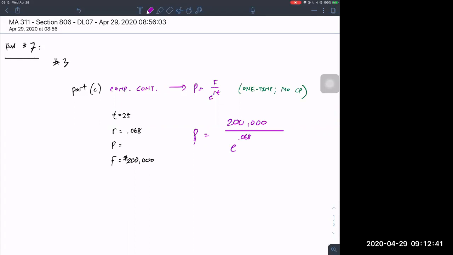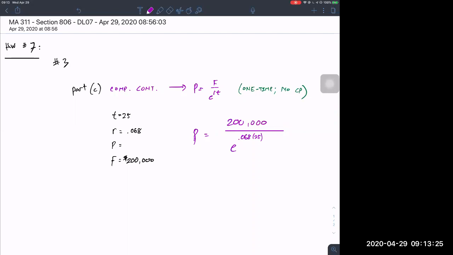And what's happening is, if I write it like this, if your calculator doesn't compensate for it, you will get either a number that's way too big or you won't get the proper calculation. It thinks that the exponent in the denominator is not being raised to 0.068 times 25. It will be only the decimal portion, which is 0.068, right?